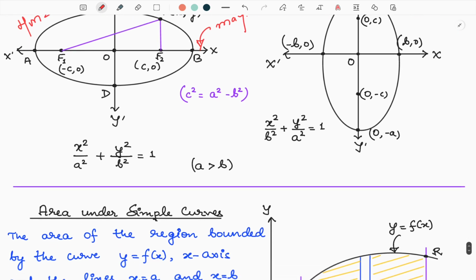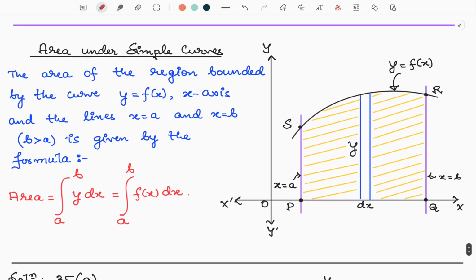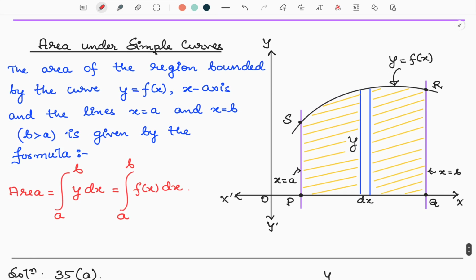Okay. And the third thing you need in the theory is area under simple curves. When the equation of the function is given in the form y equal to f(x), we have to calculate the area bounded by this curve, the x-axis, and the lines x equal to a and x equal to b.